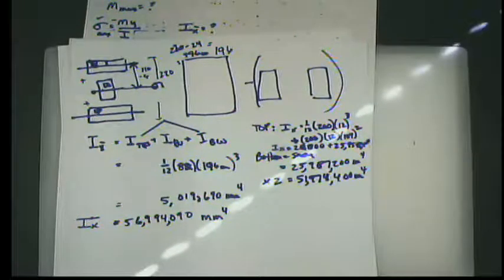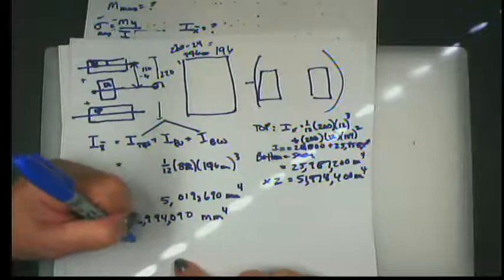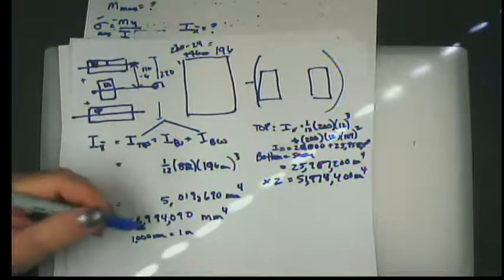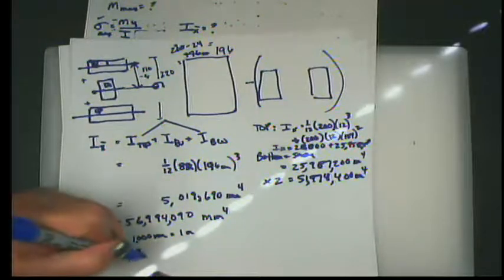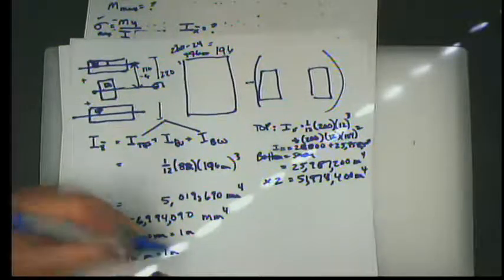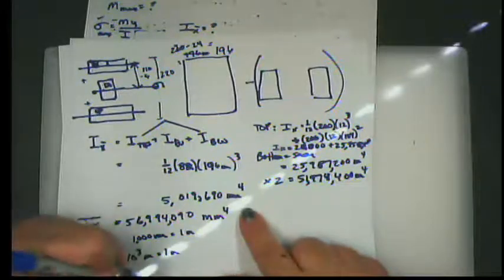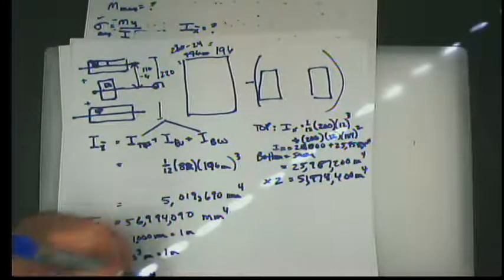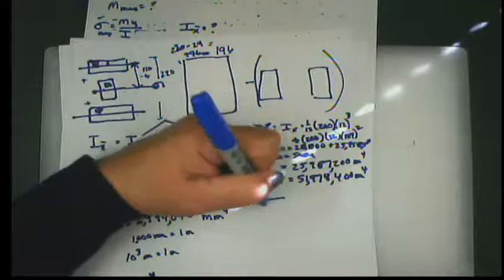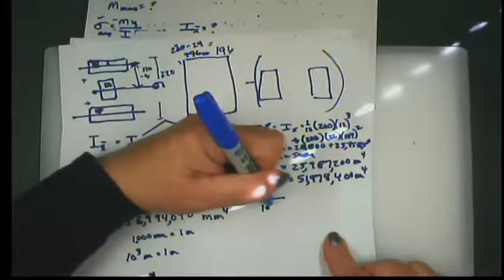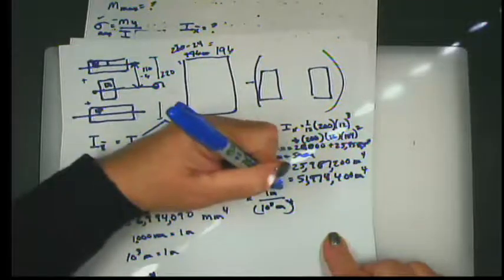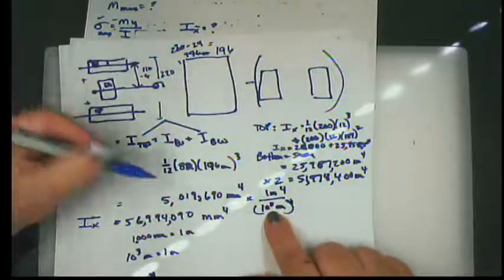Because if you think about it, there are 1,000 millimeters in 1 meter, or 10 to the third millimeters equal 1 meter. So if you take millimeters to the fourth power times 1 meter per 10 to the third millimeters, raised to the fourth power, you get 10 to the 12th on the bottom.